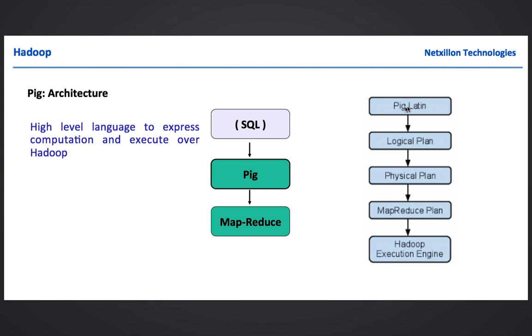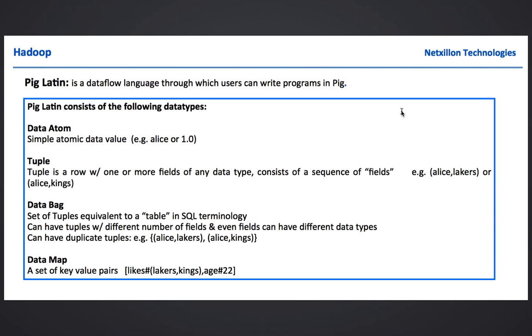Erlang is also a functional programming language by Motorola, in the telecom domain, very old, from the 1970s. Pig used the same programming syntax of Erlang. Pig Latin has a logical flow, physical flow, and a MapReduce flow. All right, what are those? I will show you that.